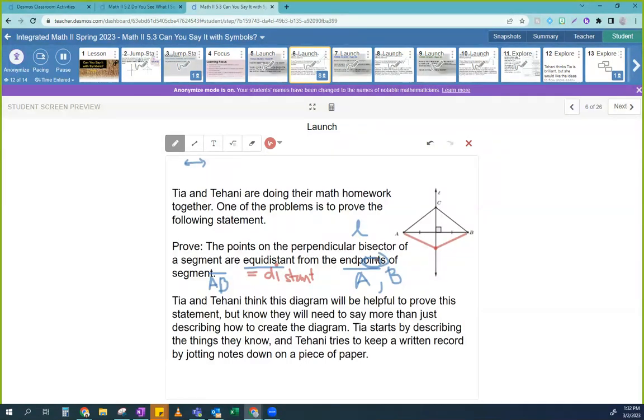Anybody remember this? Yeah, very good. You just put little congruent tick marks. So you're going to prove that no matter what point is on there, these are congruent.